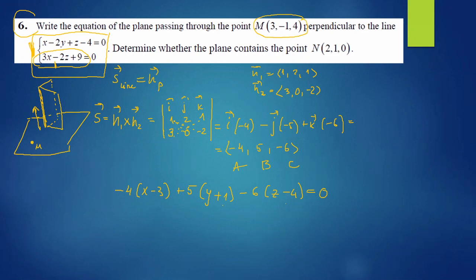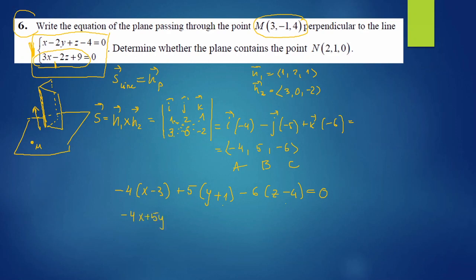Again, I'm absolutely not interested in the equation in any other form. I don't need the canonical equations of this line. I only need the vector, because I only need the direction to know that it's perpendicular. And so, of course, we have minus 4x plus 5y minus 6z, and then we have 12 plus 5 is 17 plus 24 is 41 equals 0.